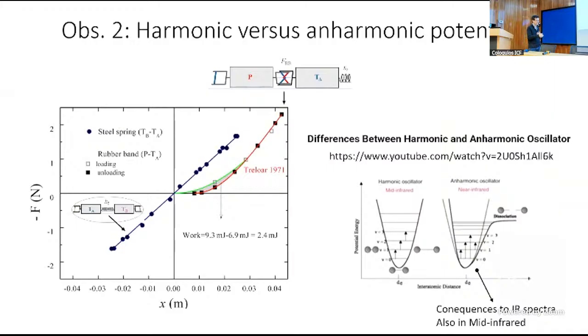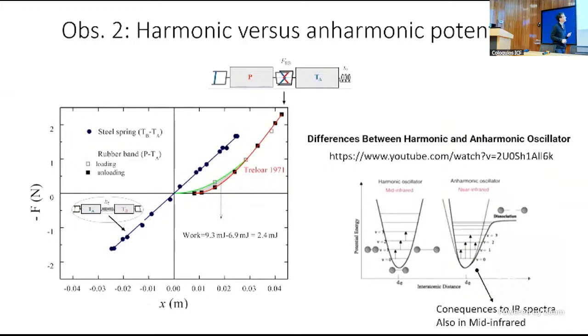So we have this linear force, and of course the square potential, but not for the rubber bands. If you look at the rubber bands here, the force is far from just linear. I will not discuss the details here, but I'm showing this to see that you will have this anharmonic effect. The potential will be anharmonic. And this happens with molecules also.